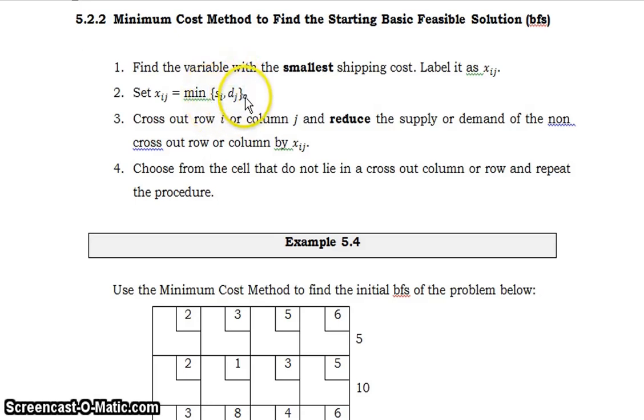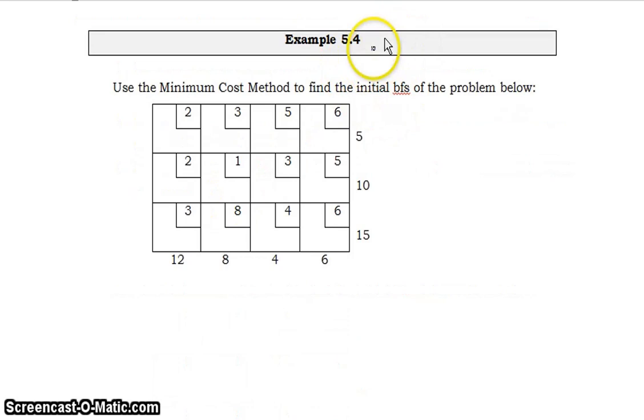We choose the smaller value among these two variables, and then we cross out either row i or column j and reduce the supply or demand of the non-crossed out row or column by xij. Then we choose from the cells that do not lie in a crossed out column or row and repeat the procedure. Let's discuss example 5.4.